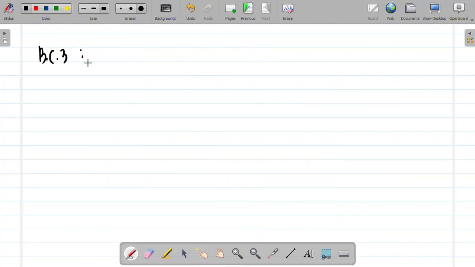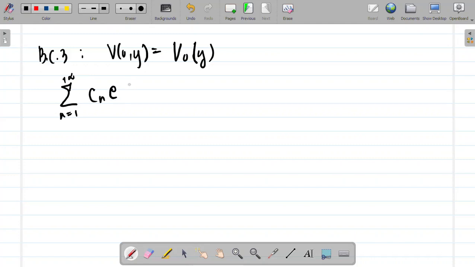Recall natin that v of 0y equals v naught of y. So, some function of y. So, bale, summation n equals 1, positive infinity, c sub n e raised to 0. 0 yun, di ba? May x doon. Sine n pi y over a.